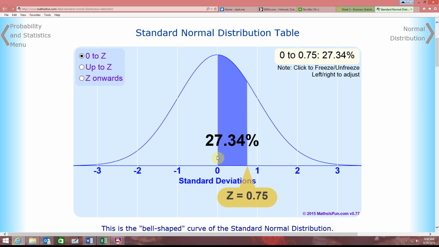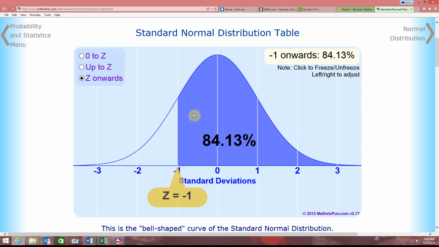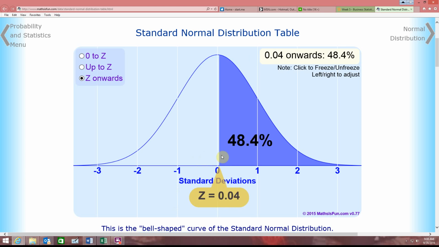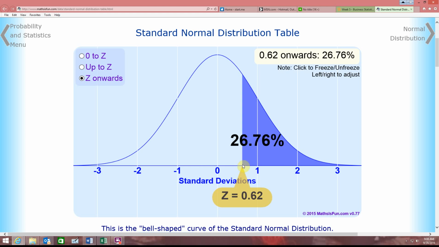So it's 27.34%, but is that what the question is asking? No, it's asking greater than that. So it really wants to know this area here, and I can do that by subtracting it from 0.5.